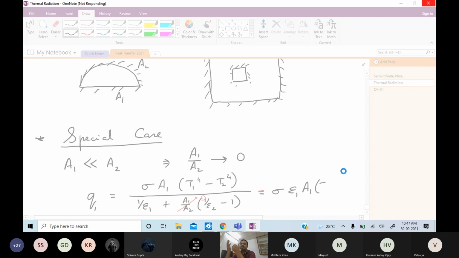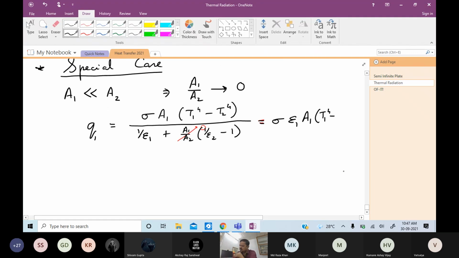This is what we knew about radiation heat exchange before coming to this course. But what we have learned now is that the expression actually is valid for a very, very special case.